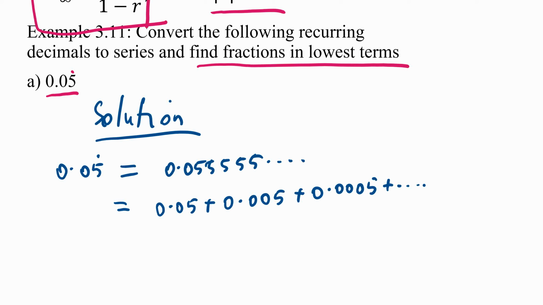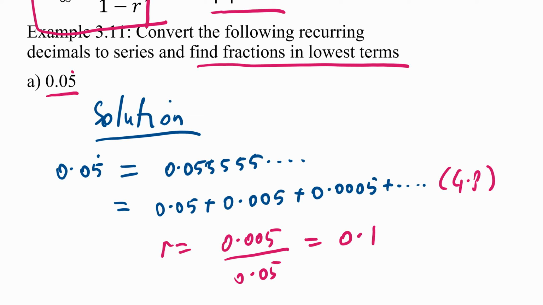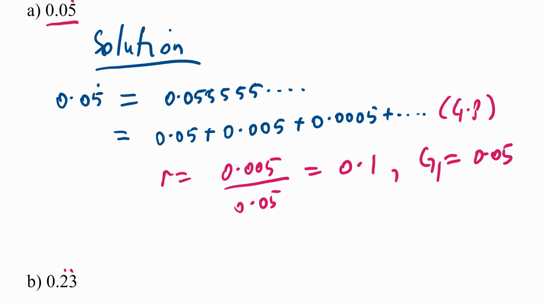From here we can see that this is a geometric series, and the common ratio is 0.005 divided by 0.05, which gives 0.1, and the first term is 0.05.